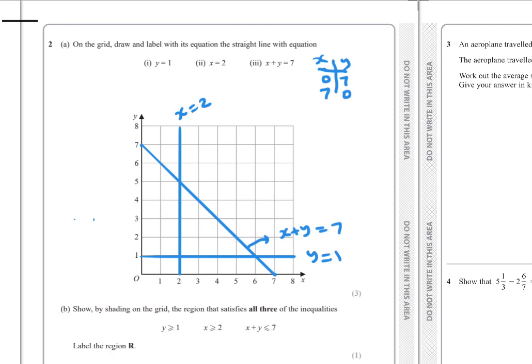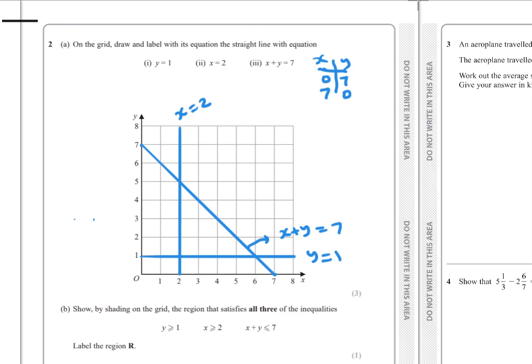X more than or equal to 2, so this is the line x equals 2, so I need the region to the right. The last inequality, x plus y less than or equal to 7, this is the line x plus y equals 7, so I need the region below the line because it is less than.